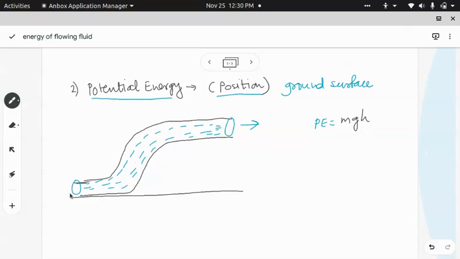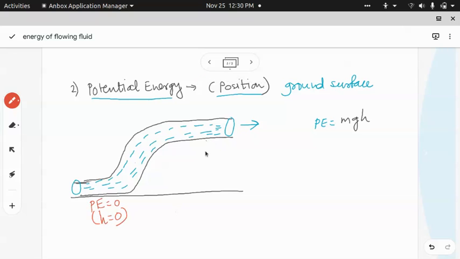Okay. When I say that the tube is at ground level at a certain position, its potential energy at this position will be zero. Why? Because H is zero here.